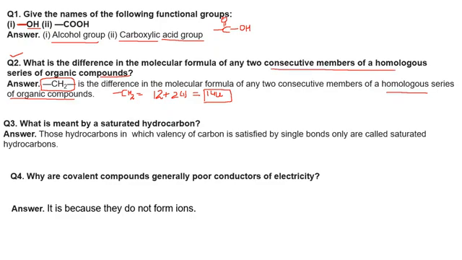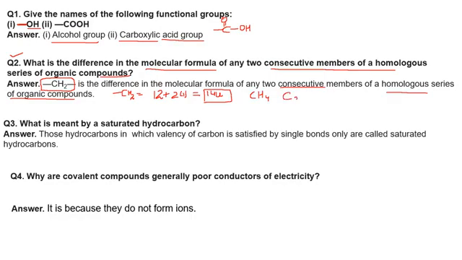So read the question very carefully. What type of difference do they want? Do they want the difference of molecular formula or the difference of molecular mass? This should be very clear. Now how to find out CH2? Let's take the example of methane, CH4, the first member of the alkane group. After methane, what comes?